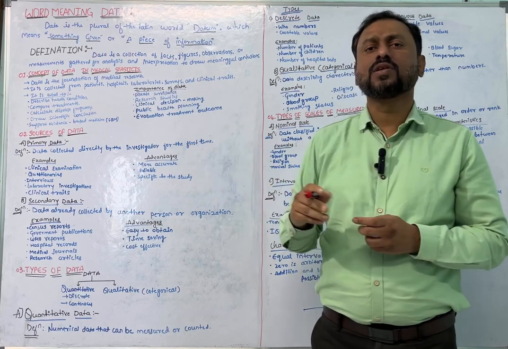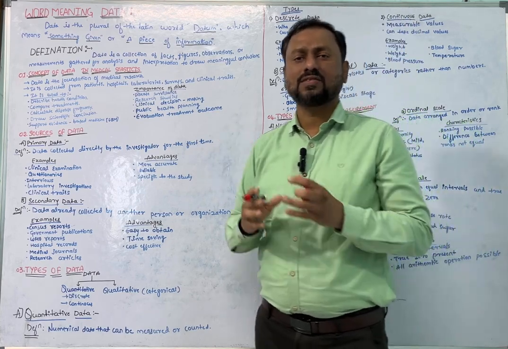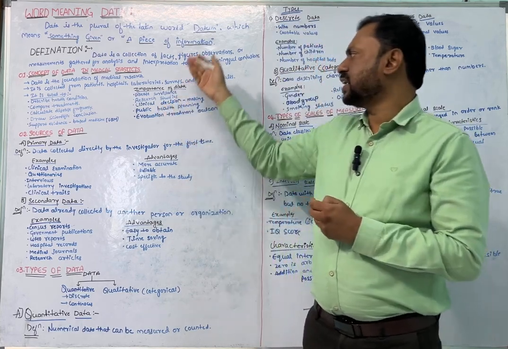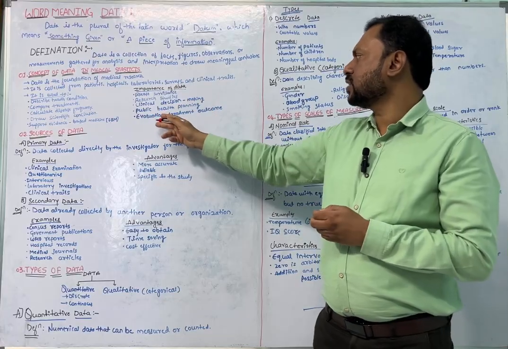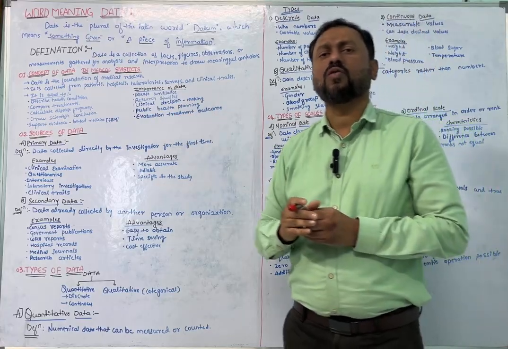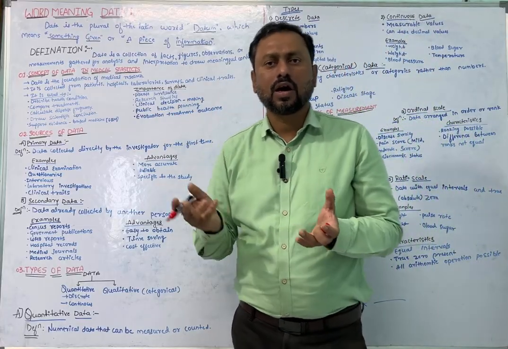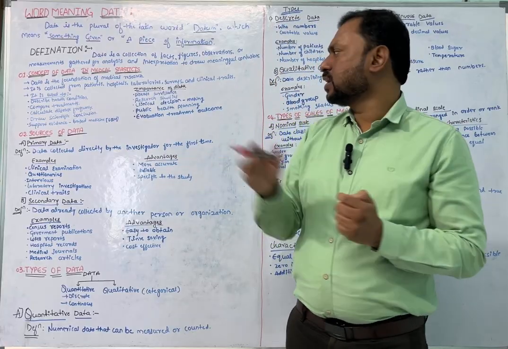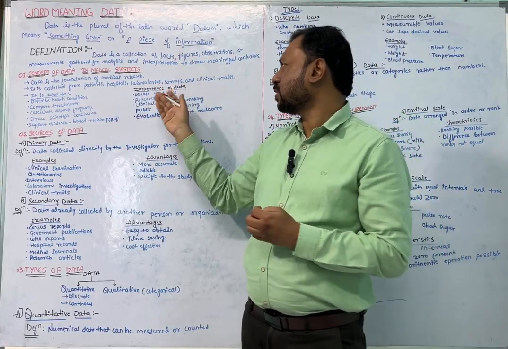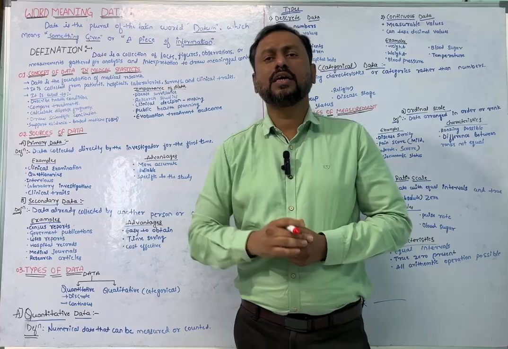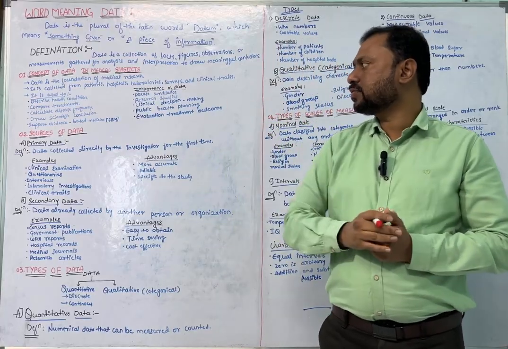Public health planning and policy making, for the government as well as private organizations, this data is used. Next is the evaluation of treatment outcome. Whenever you are giving some new drugs, what the outcome is, data helps with that. This is the importance of the data.